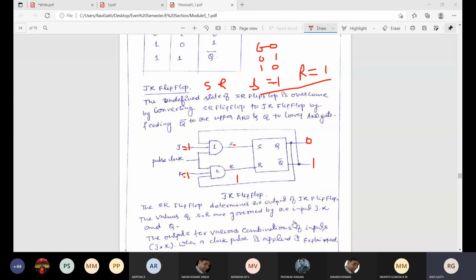Yes, Pushkar, what is the first AND gate output? What is the output of the first AND gate? See, if J is 1 you are giving, K is equal to 1 you are giving.